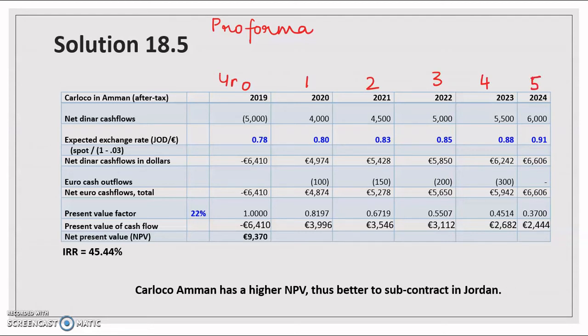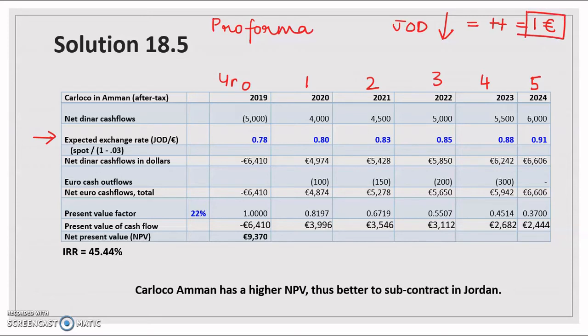The company is expecting a different exchange rate movement. So the first line item will be to list the Jordanian dinar cash flows, inflow, outflow mixed. The company is expecting the Jordanian dinar to depreciate in value. So every year you'll have to pay more to get the same 1 unit of euros.